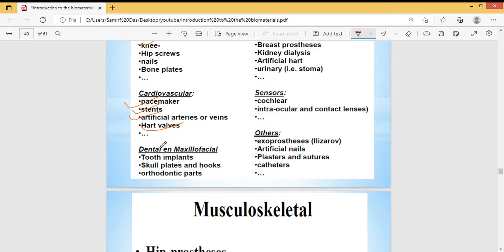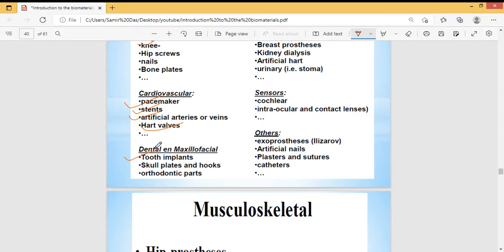Next come to the dental part. For the dental part we basically use teeth implants. Teeth implants are of two kinds: for aesthetic view, and sometimes for the failure of the teeth in any sections, or when teeth are not in the proper position.